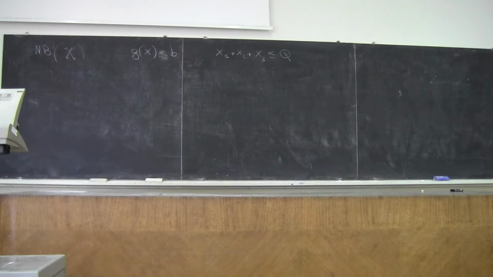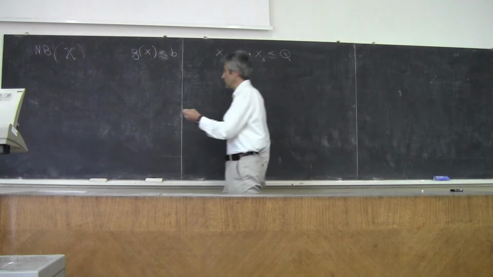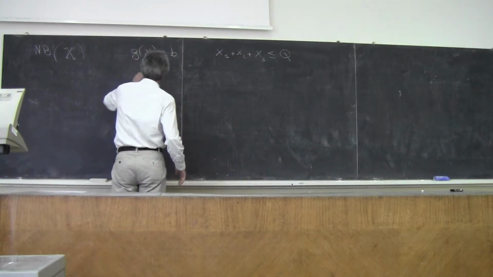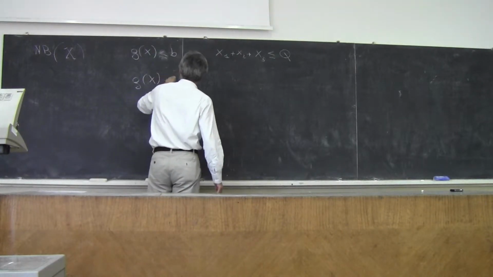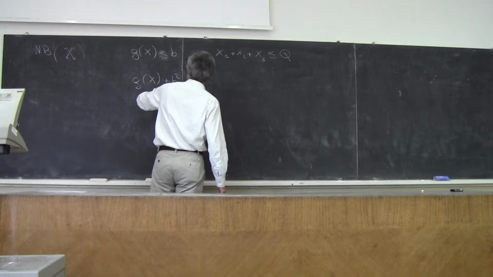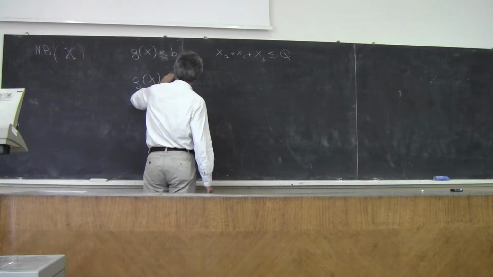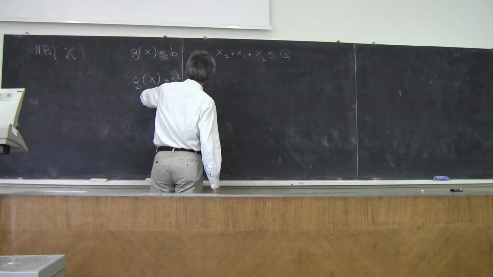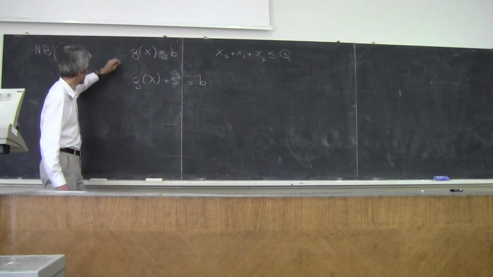If I were able to find a workaround, I would be able to continue to use the solution that I already know. So is it possible to find a workaround here? Yes, it's very simple, because I could introduce an additional dummy variable so that g(X) plus s squared is equal to b. This is the same thing.